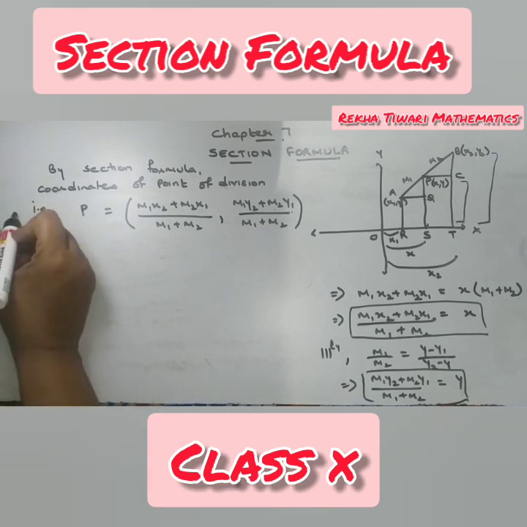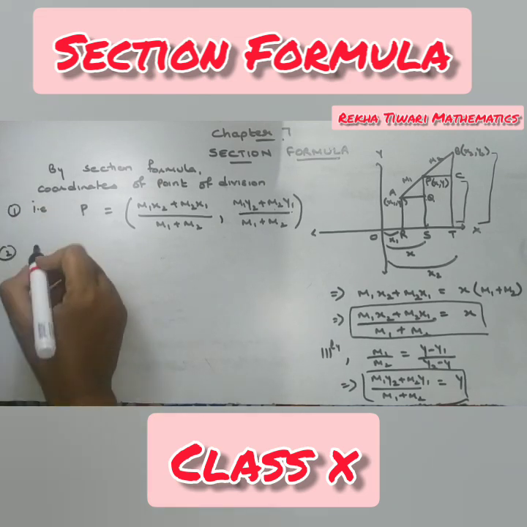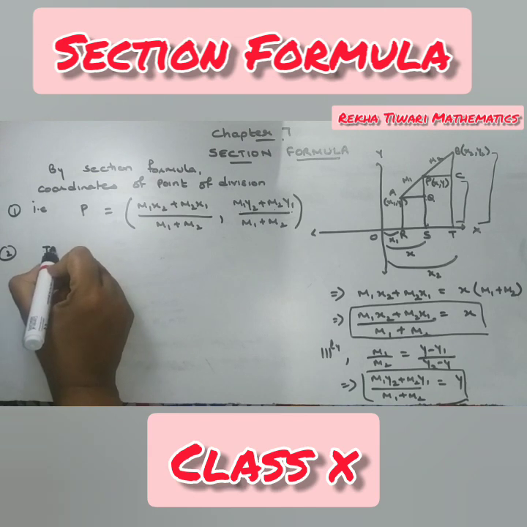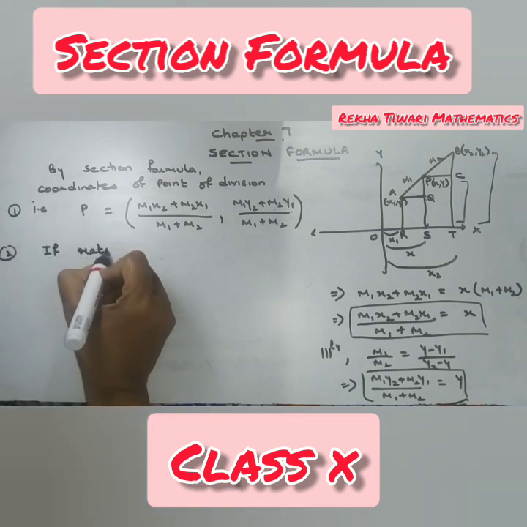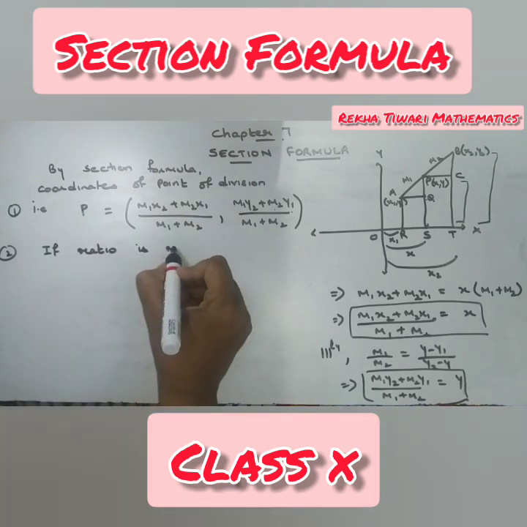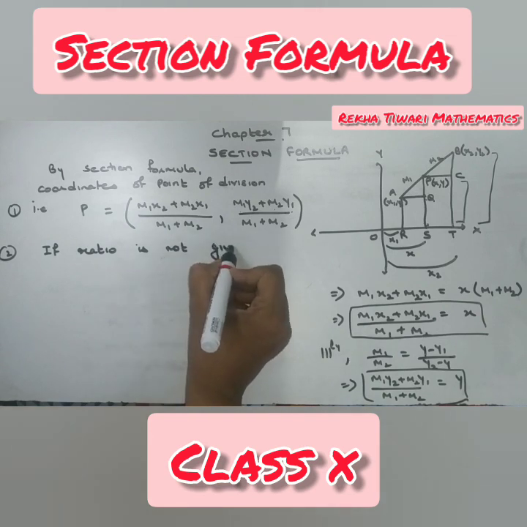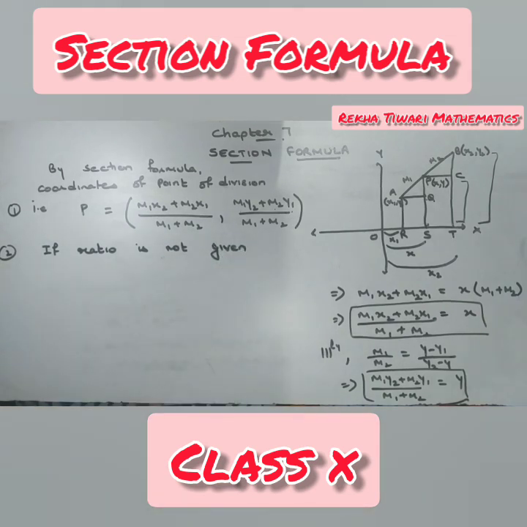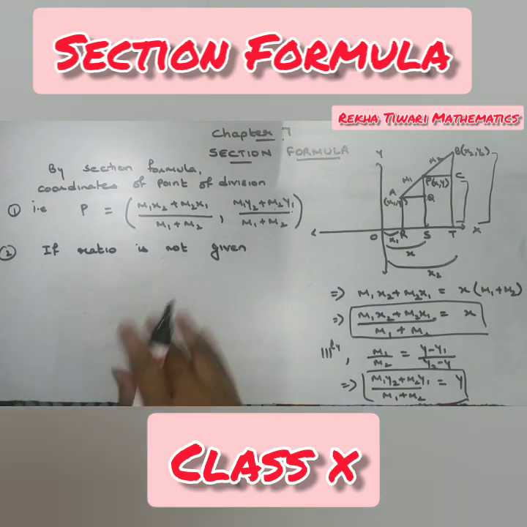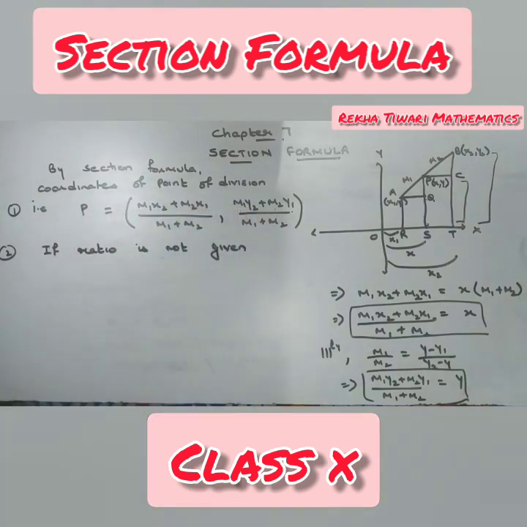Now there are a few cases. See, this one is the first case. Second case: suppose the ratio is not given. Then what do we have to do? Because the ratio is not given, it means m1 m2 is not given to us, and if m1 m2 is not given, we cannot use this formula.